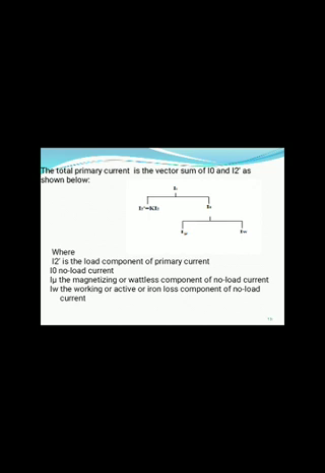Where I2 dash is the load component of primary current, I0 is the no load current, I mu is the magnetizing current or wattless component of no load current, and IW is the working or active or iron losses component of no load current.